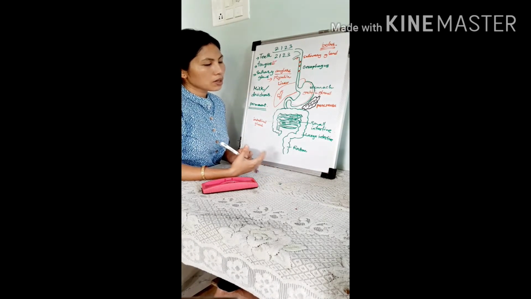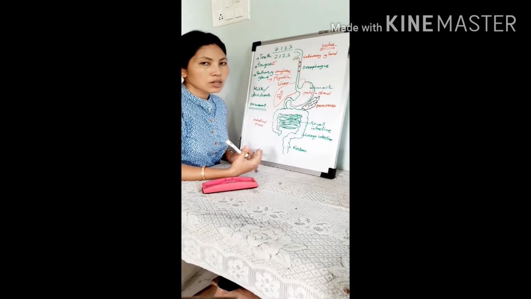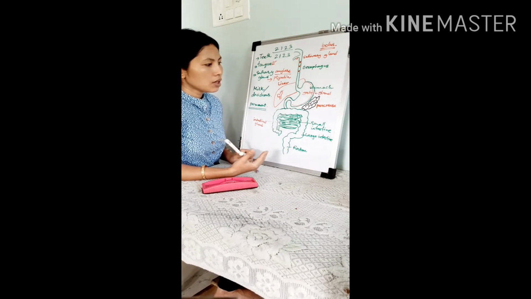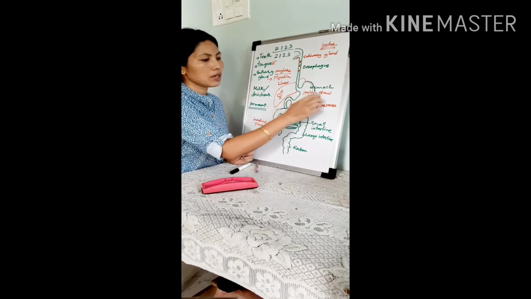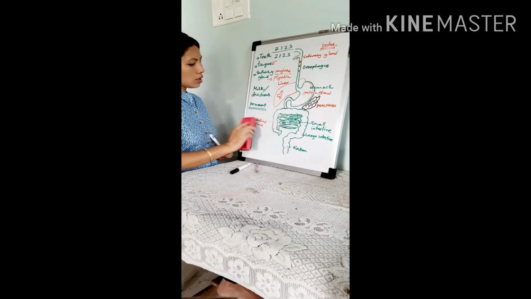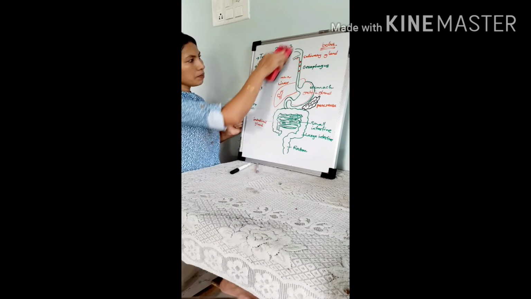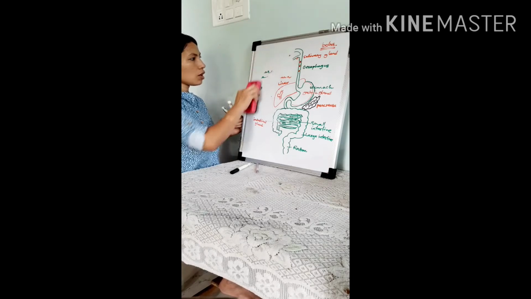And in the stomach protein digestion is started. As I said, the complete digestive system is enzymatic. Here the enzymes are secreted by the gastric gland. This gastric gland not only secretes the enzyme, but also helps in the production of certain substances.